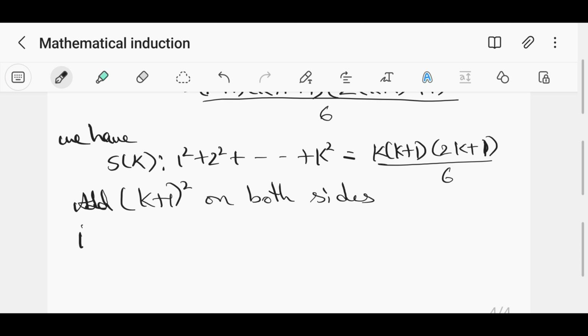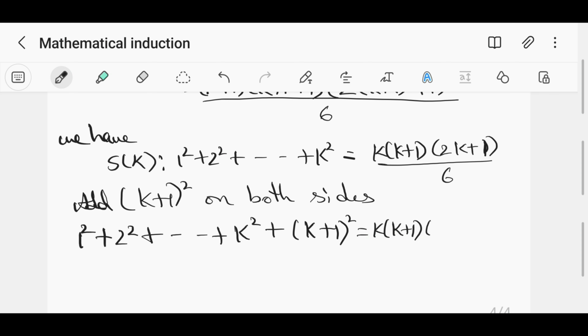So what do we get? We get 1 square plus 2 square plus so on plus k square, let it be as it is. We are adding (k plus 1) the whole square. That is equal to k into (k plus 1) into (2k plus 1) divided by 6 plus (k plus 1) the whole square.